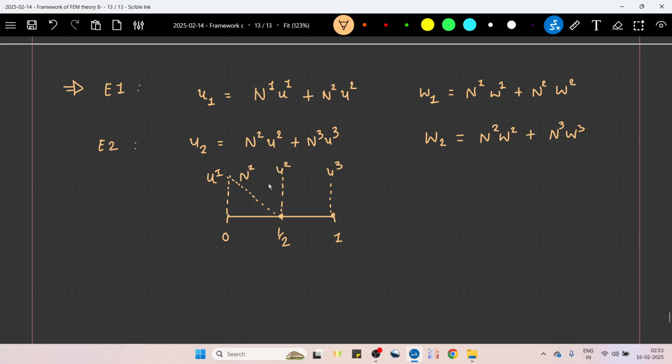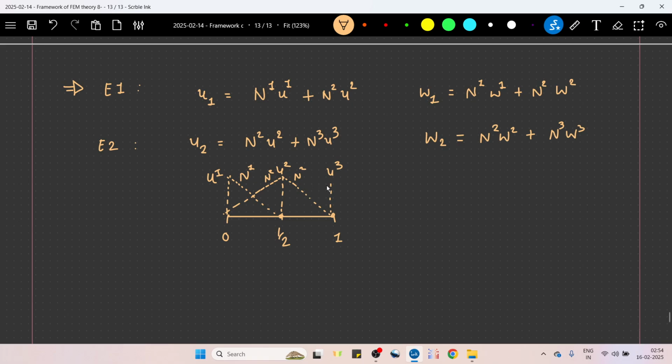Similarly, for element 1, the shape function n2 should be 1 at node 2 and 0 elsewhere. For element 2, shape function n2 should be 1 at node 2 and 0 at node 3, and this is also n2.